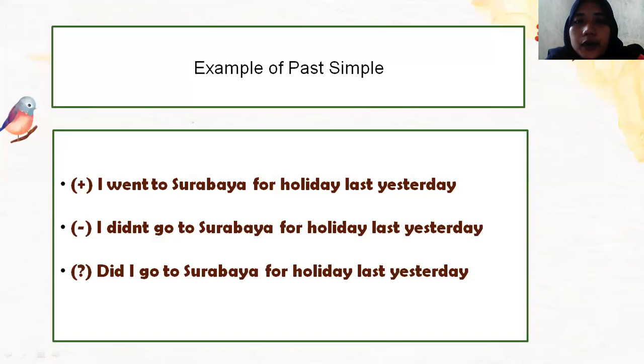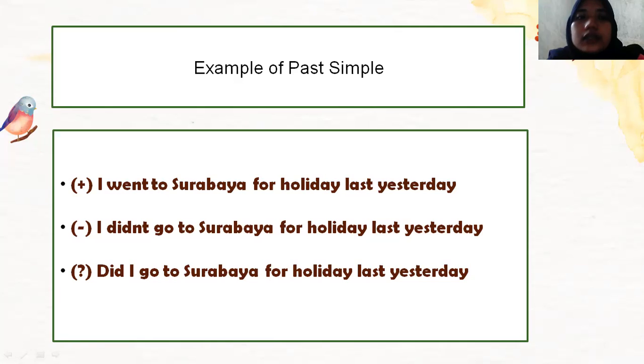For the example of past simple, positive: I went to Surabaya for holiday yesterday. We can see that after the subject, we use verb 2, namely went, from go.